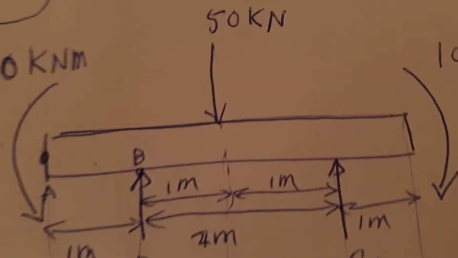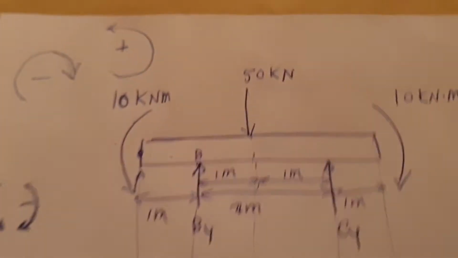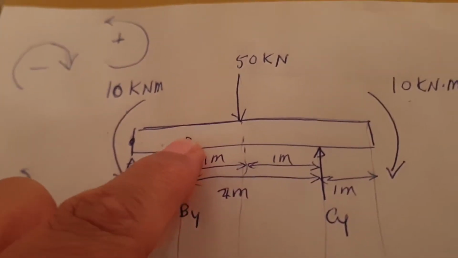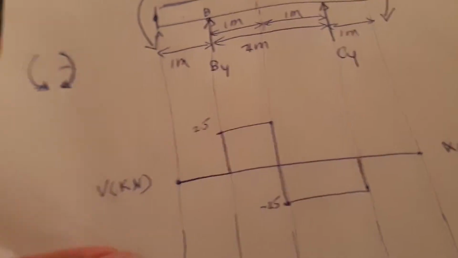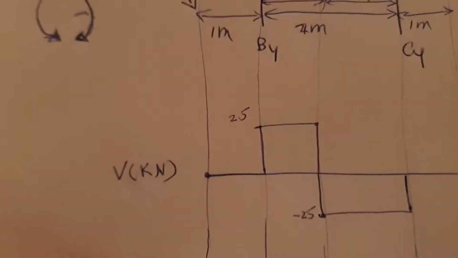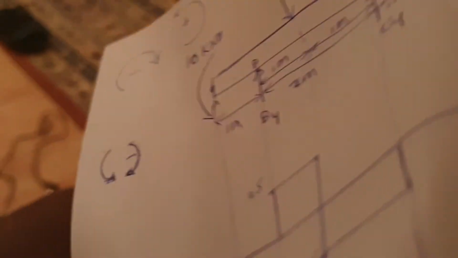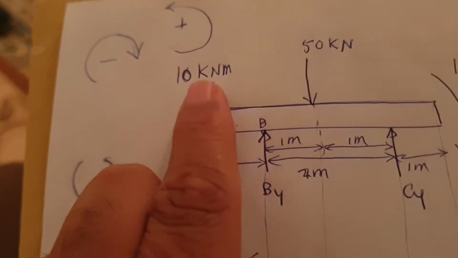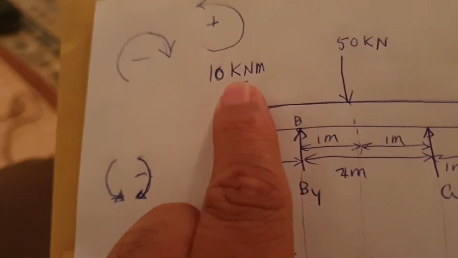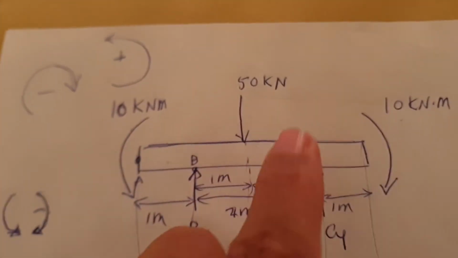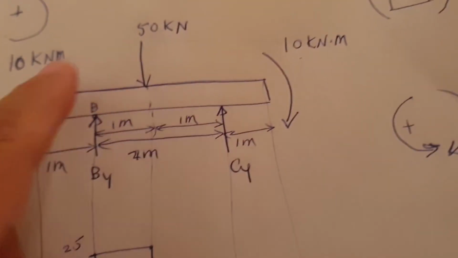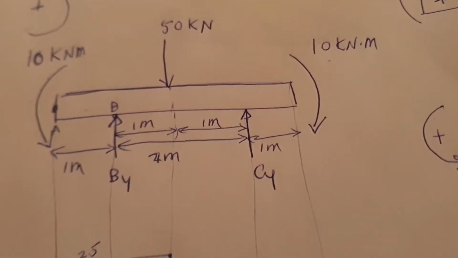The best is to do summation of moments at B or summation of moments at C. So let's do summation of moments at B. Of course you have to put both moments. This moment is minus 10, and this moment is plus 10, so minus 10 plus 10 is 0.